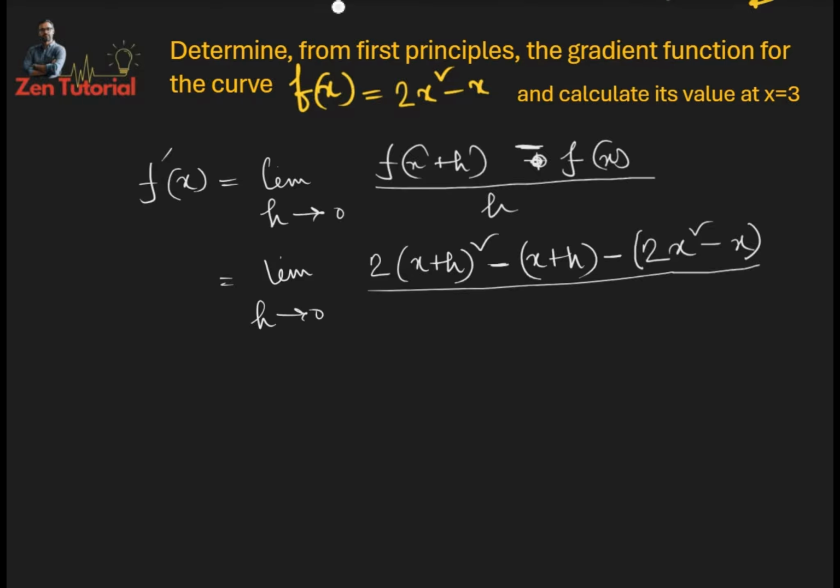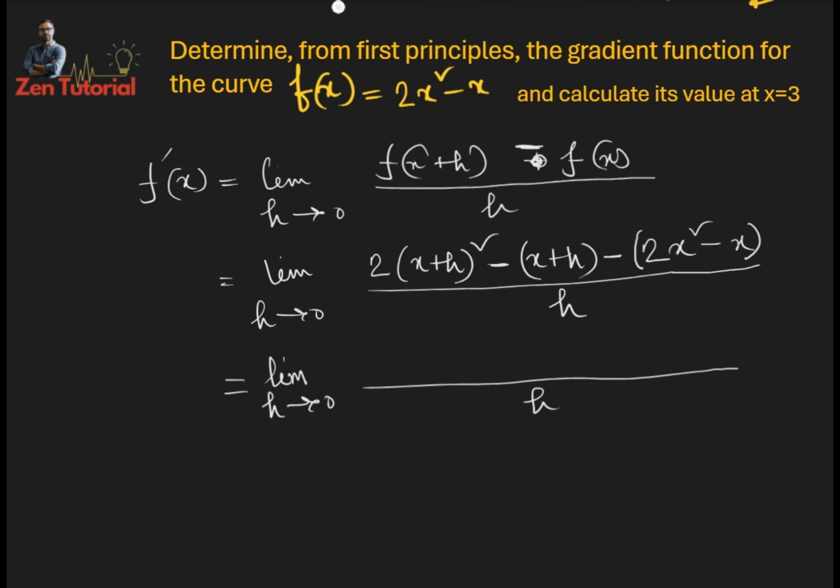So please try to use brackets, doesn't matter which kind. Anyways, now the following line: limit h tends to 0, here h.